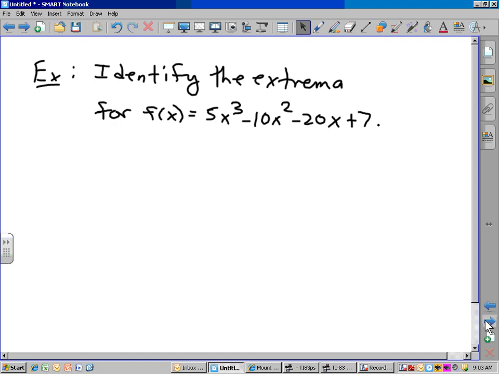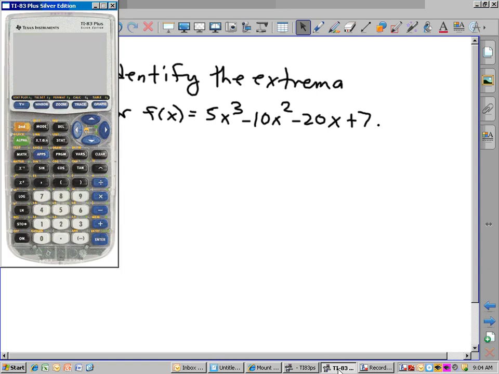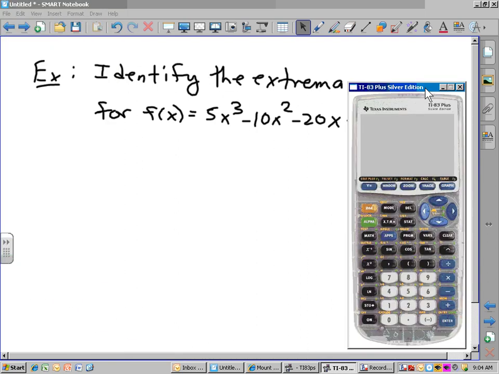Again, I'd have to be very specific about the inflection points. We're going to find the max and mins using a calculator. At this point in time, we can't do that without a calculator. So, max and mins, extrema. Only the extrema. We're not going to look for any inflection points.